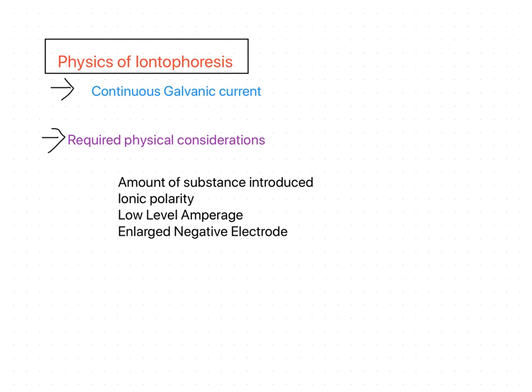The current required for the ion transfer is the continuous galvanic current, which is obtained from standard low voltage generators as well as batteries. Battery operated units are now also available to clinicians.